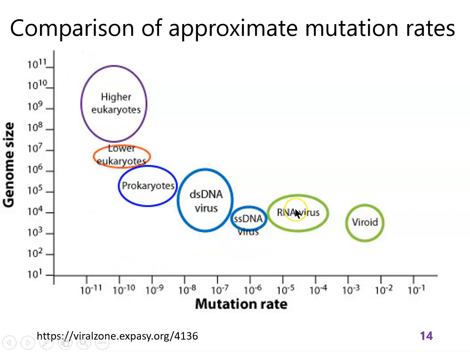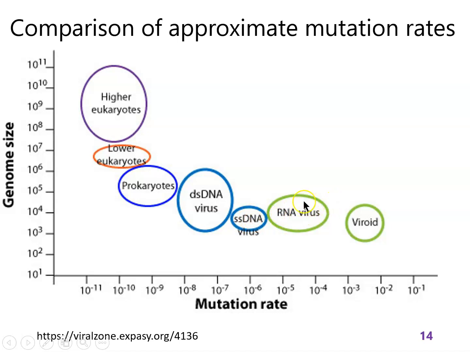What I want you to look at is different types of things we've looked at. Lower eukaryotes would be like fungi. Prokaryotes are bacteria and archaea. Double-stranded DNA viruses, we will see some later, but like smallpox virus. Single-stranded DNA we haven't really looked at.